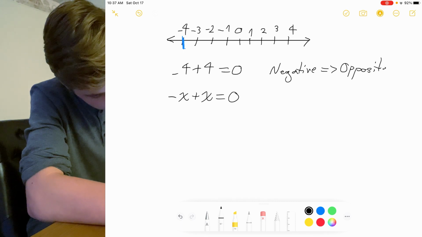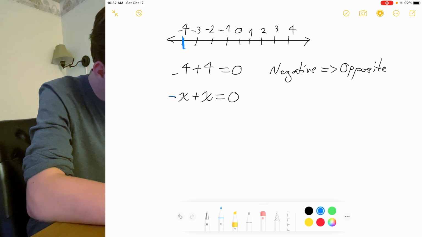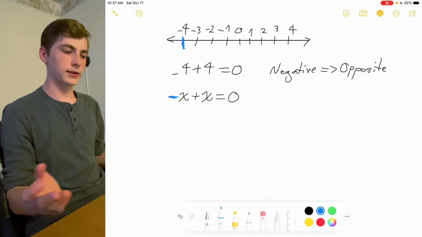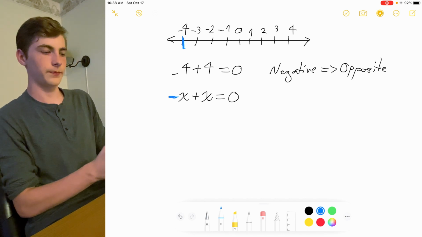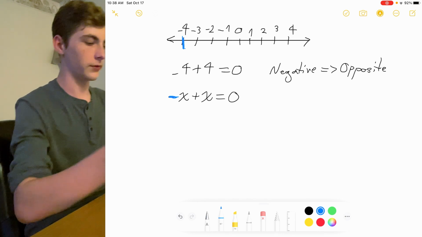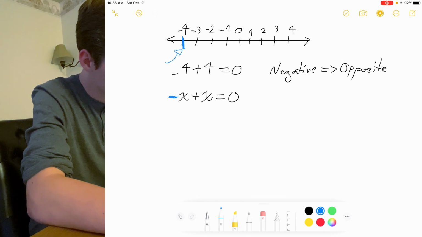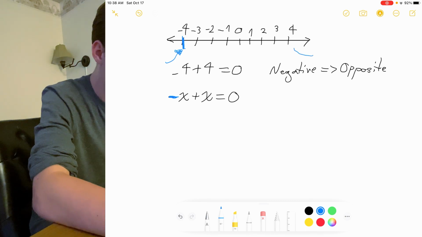So basically, you could think of this little negative symbol as being a negative sign or a minus sign. You could also think of it as being an opposite sign, right? Because if you look at the number line, this 4 here is exactly opposite to where this 4 is.